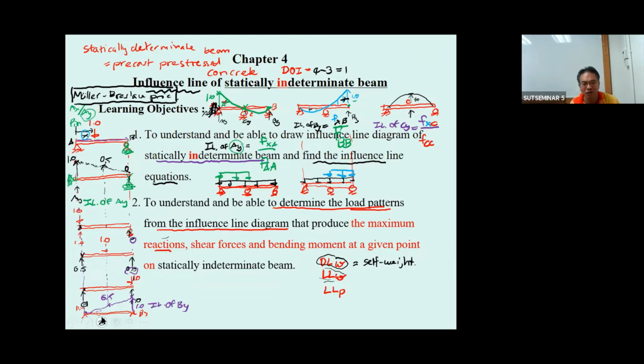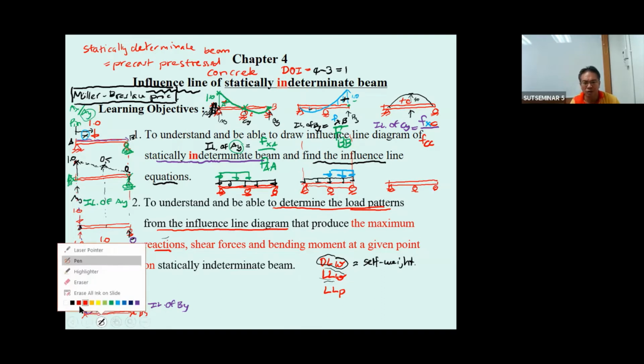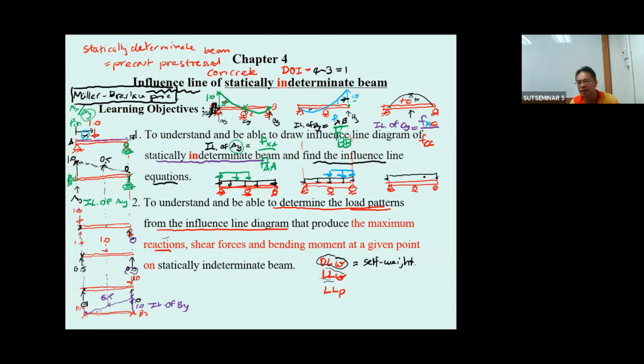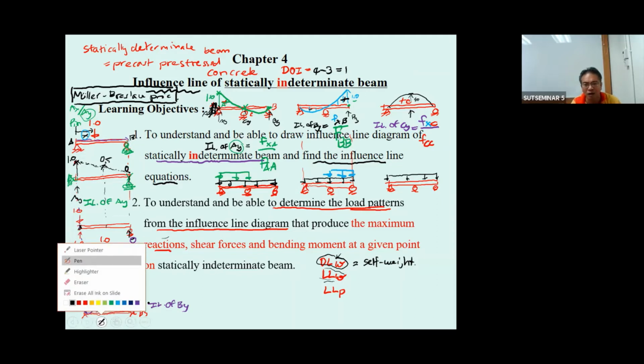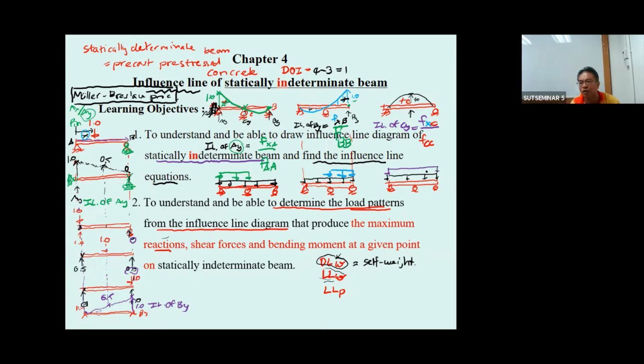And then the last one, if you would like to produce the maximum C sub y, what is going to be the loading pattern? This way, you see, all are positive. So in this way, you just put the uniformly distributed dead load. But for the uniformly distributed live load, it's going to be like this.